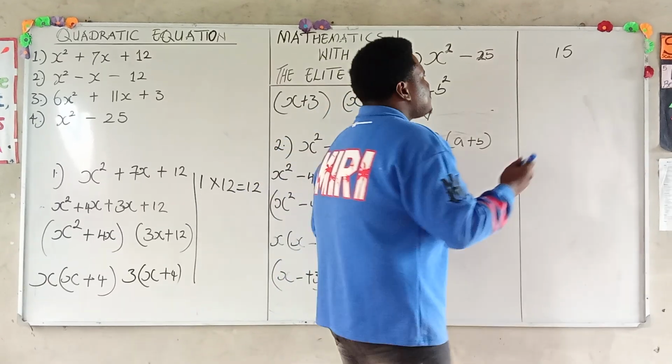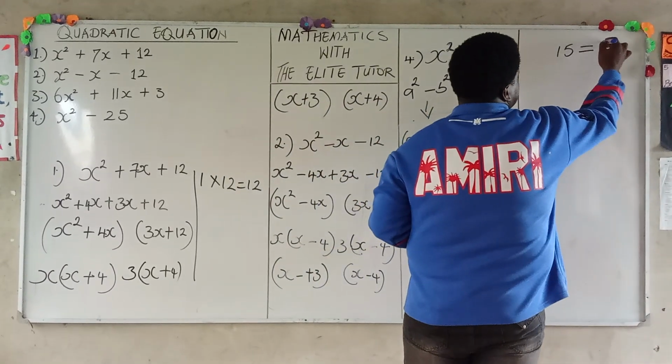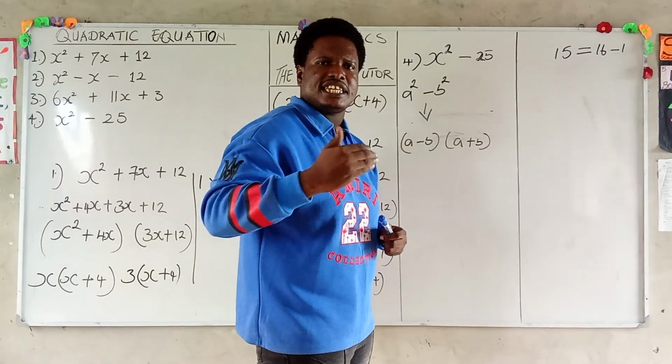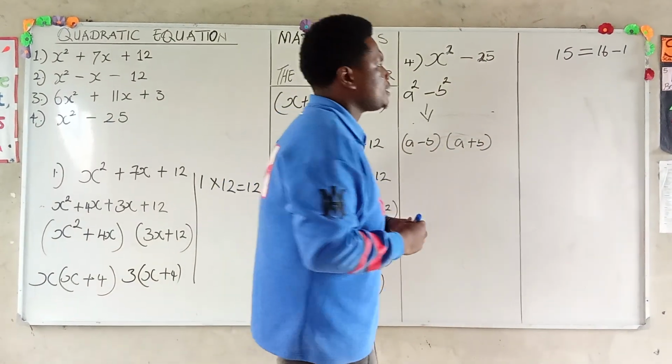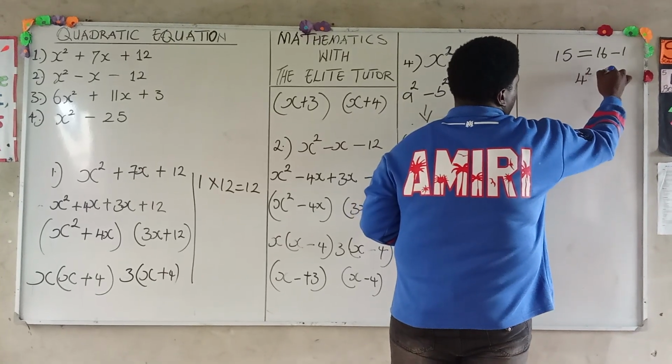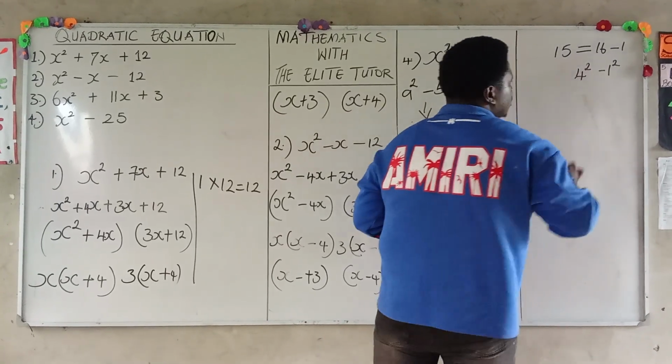What do I mean? 15 can be expressed as 16 minus 1. 16 minus 1 gives us 15. Now, let's express it. This is the same thing as 4 raised to power 2 minus 1 raised to power 2.